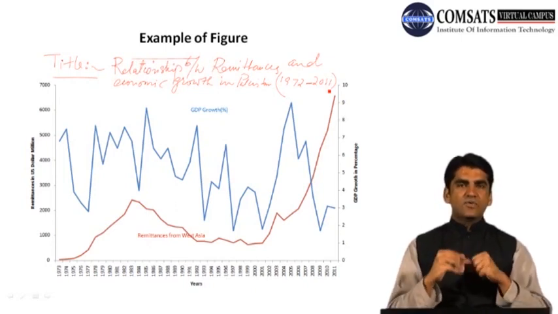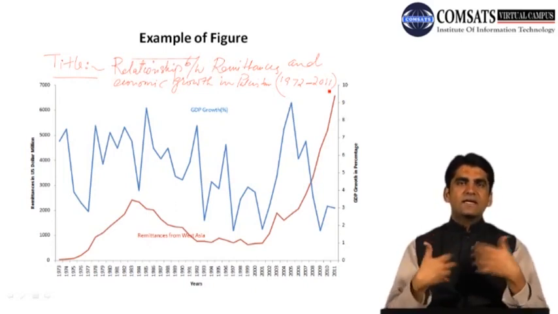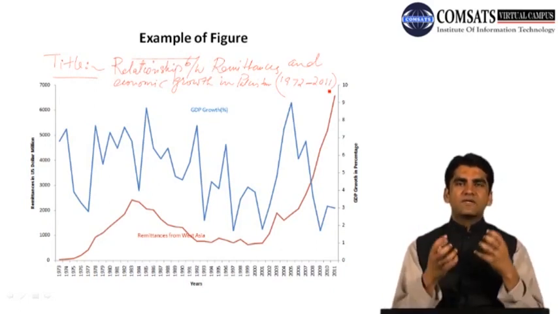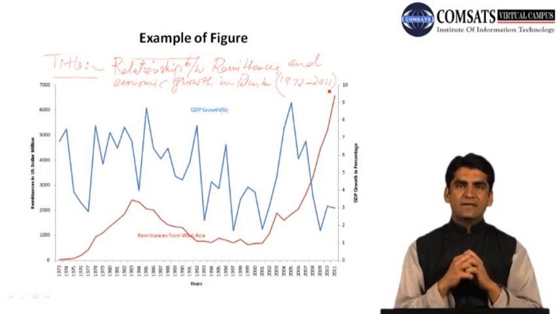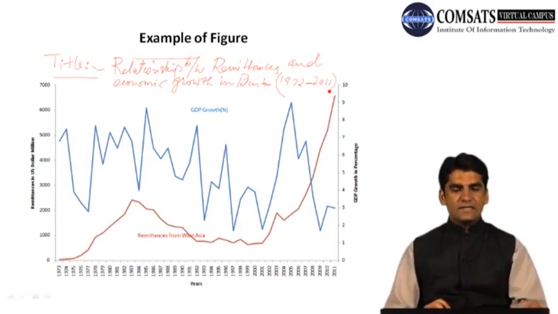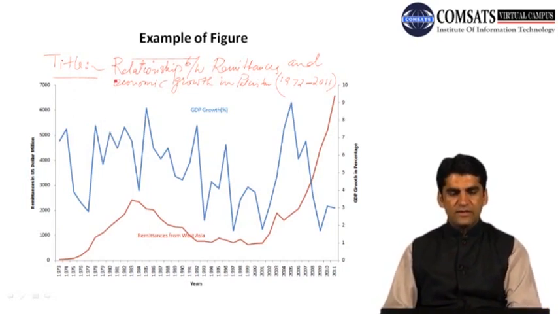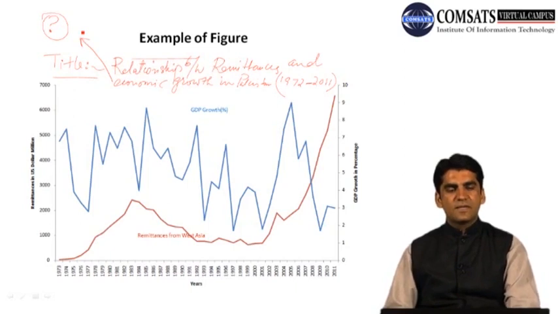So this is how you try to make your graph title crispy, clear, precise and brief, but it must contain title. And one thing that is more important when you are giving a title to it, you definitely have to see the number of your graph that you are making.